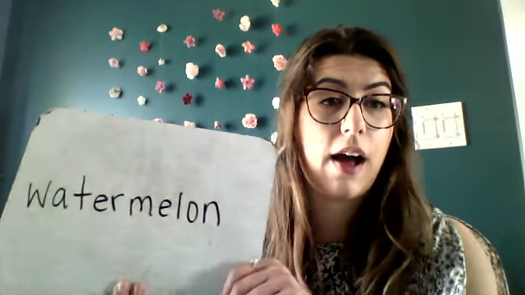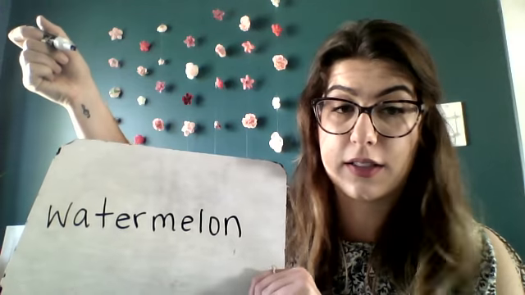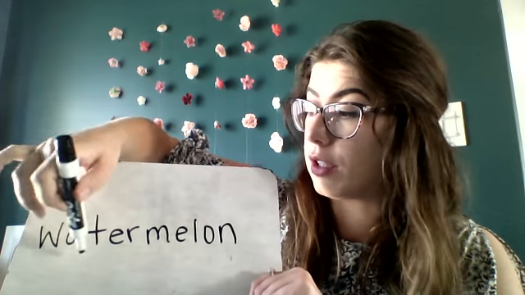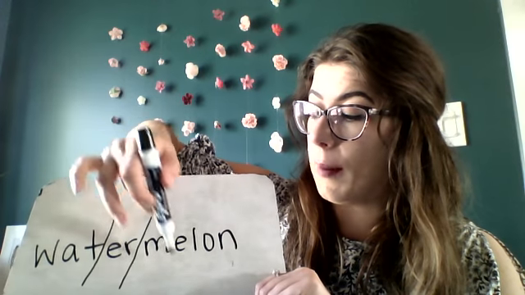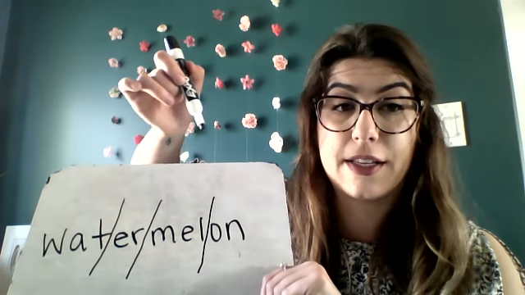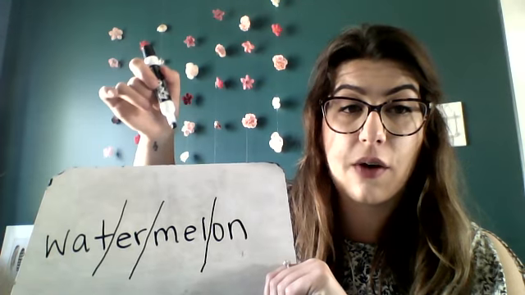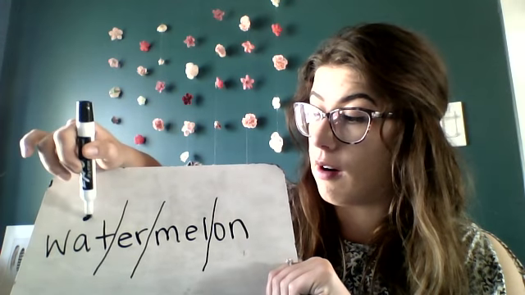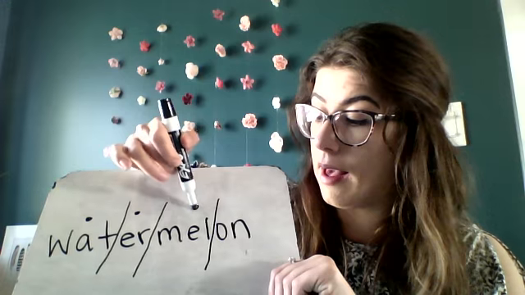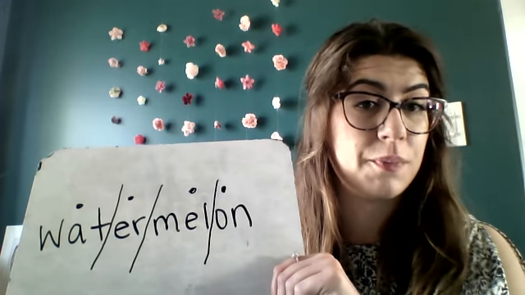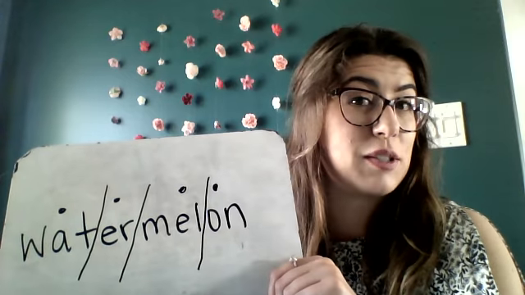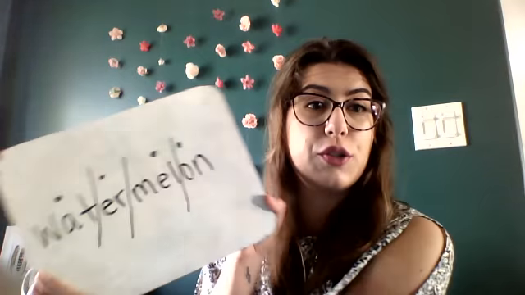But it's just interesting to me how the syllables work, because it is broken up by those vowel sounds. So we have wa, ter, mel, on. And you can see there's 1 vowel sound in each part. So there's 4 syllables. I think that's pretty interesting.